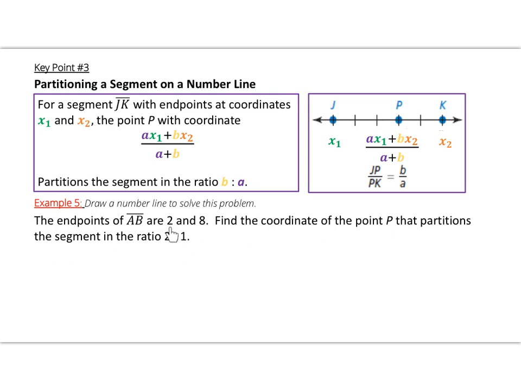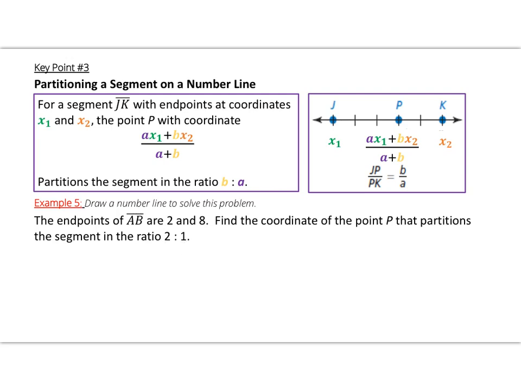So again, assign numbers for A, B, x1, and x2. So here we have x1, x2, this is B, and this is A. So we know that A is going to get multiplied to x1, so 2 times 1, plus then 2 times 8, and then all divided by 2 plus 1, which is 3.